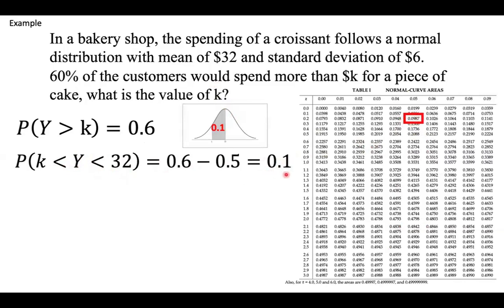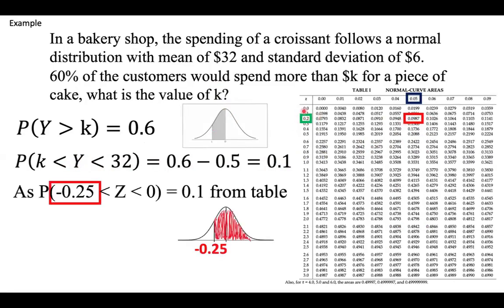If you cannot find the exact number, you need to find a number that is closest to 0.1. Then we look at the column and the row: 0.2 and 0.05. If we add these together, we get 0.25. And it is negative because K is negative. This is how we write the expression.